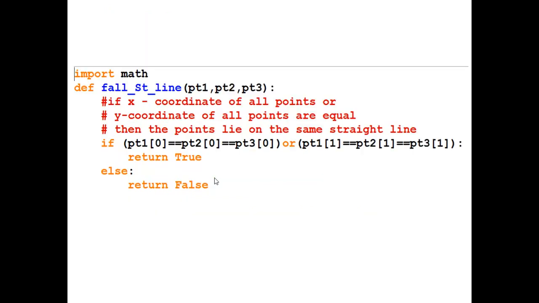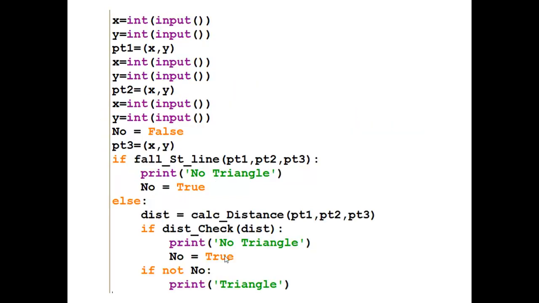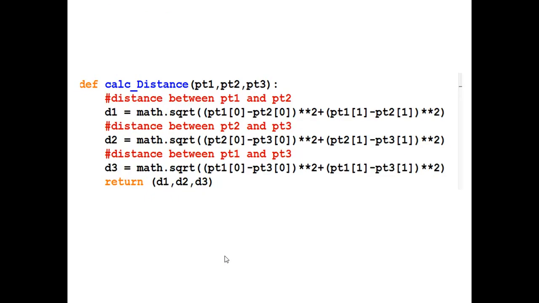Then we call another function, called calc distance. What we are doing is taking that formula, as I said earlier, square root of (x1 minus x2) whole square plus (y1 minus y2) whole square.